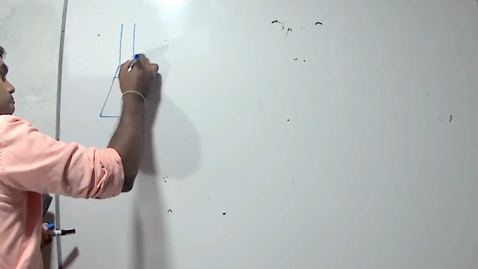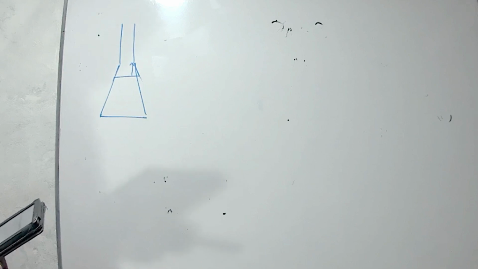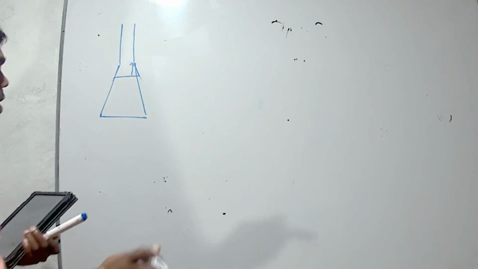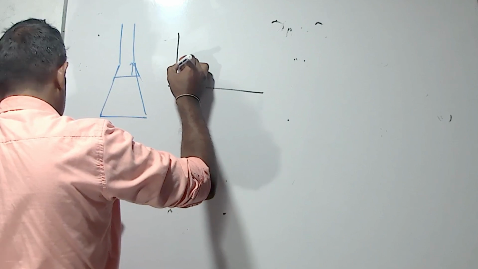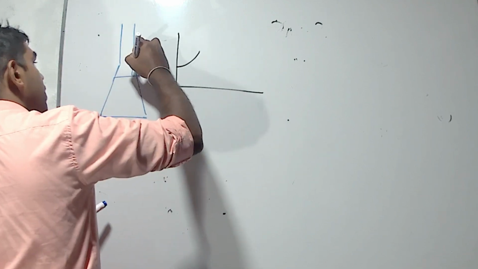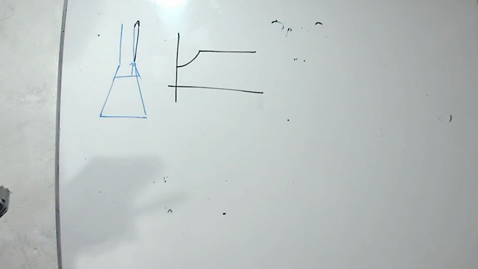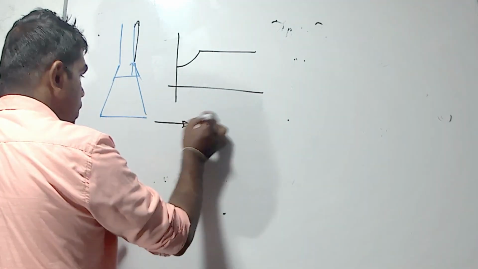From this point to this point, the rate of increase of h is increasing like this, and from this point the rate of increase is a constant value. Then the answer should be 2.